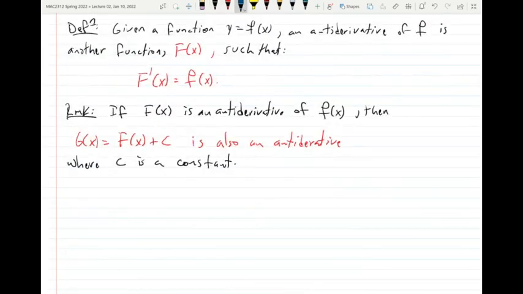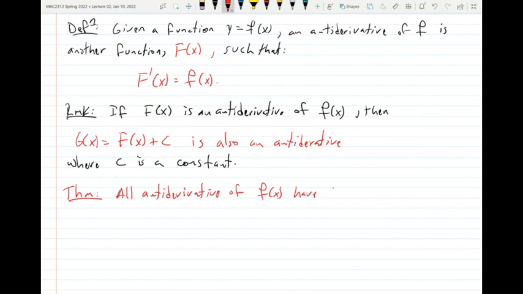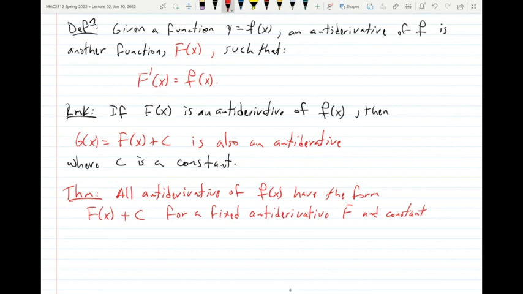So, theorem: all antiderivatives of a function little f have the form F of x plus c for a fixed antiderivative capital F and constant c.